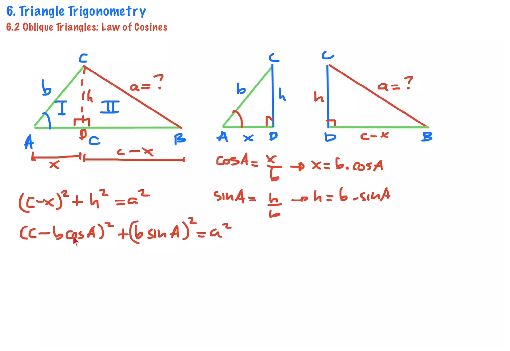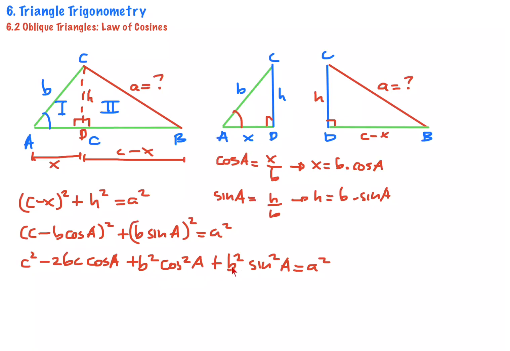If we expand (C minus B cos A) squared, this will be C squared minus 2BC cos A, and then plus B squared cos squared A, added with B squared sine squared A, that will be equal to A squared. And let's try to examine what we can do for this one.